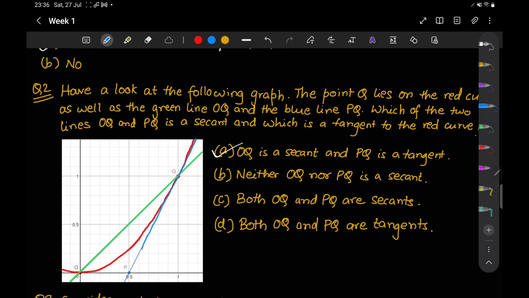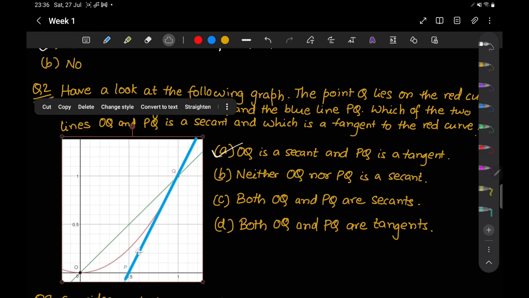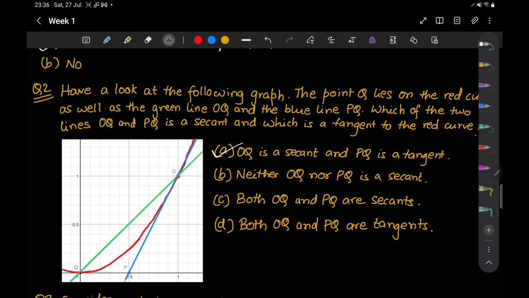And that's the blue line. And once again, let me highlight this point Q.